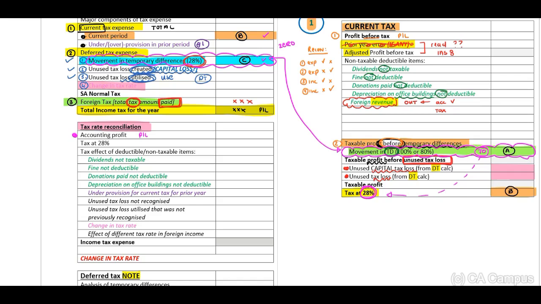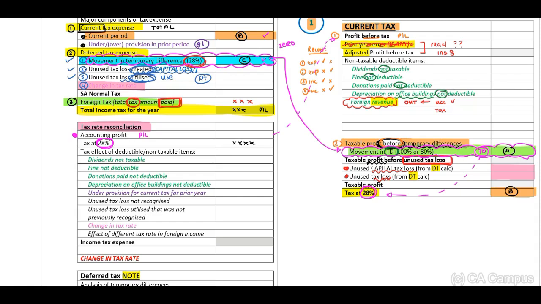Exactly, guys, when you look at our current tax, this is going to get a bit confusing. I should have used another color here. Okay, it's our profit before tax, our accounting profit, right? Then we times this by the tax rate, which is the 28%. And this will then be the accounting profit times 28%.